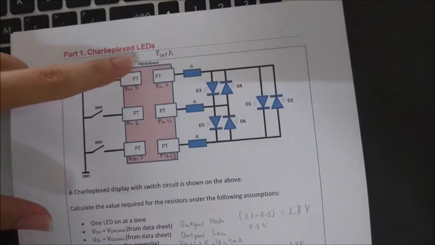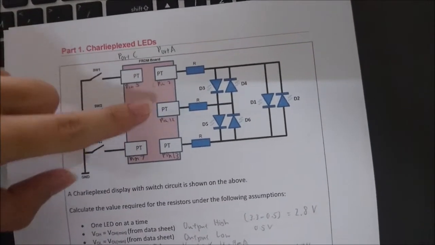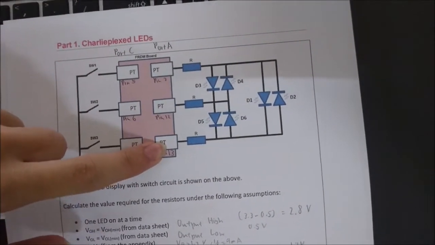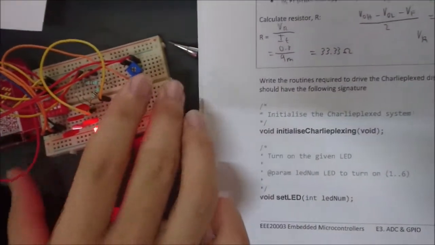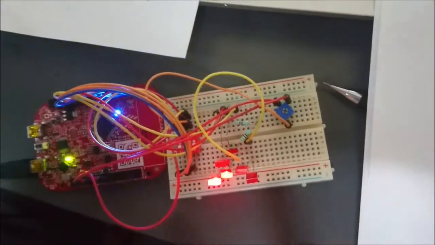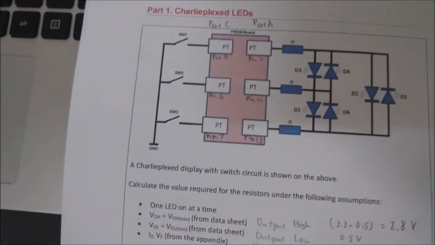For the output, we set it to port A, using pin 2, pin 12 and pin 13. And we have constructed the circuit according to the diagram, and now I'll be giving a brief explanation of the coding.